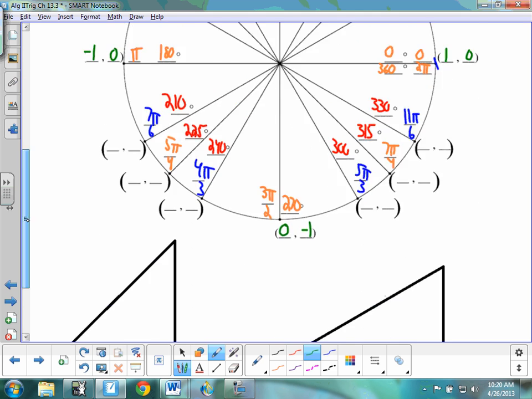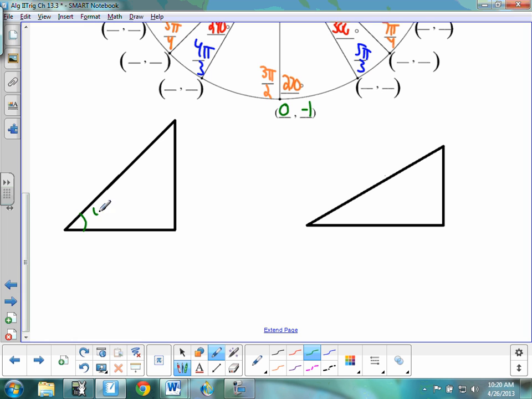Remember, those 9 in-between points are based on the fact that this 45, 45 right triangle is root 2 over 2, root 2 over 2, and 1. Whereas this 30, 60, 90 triangle is 1/2 and root 3 over 2.